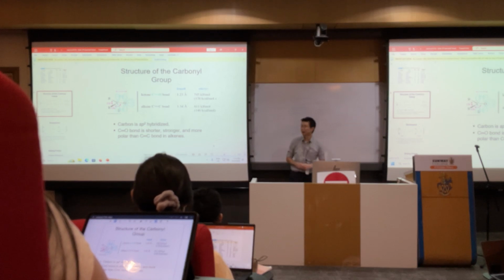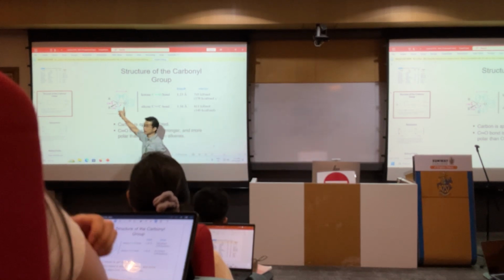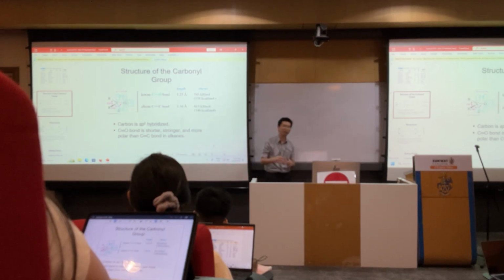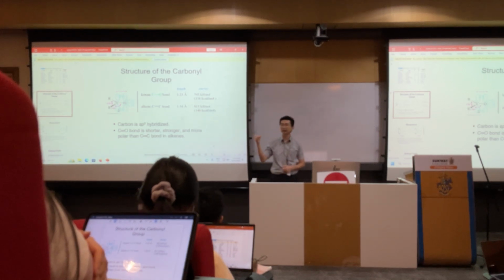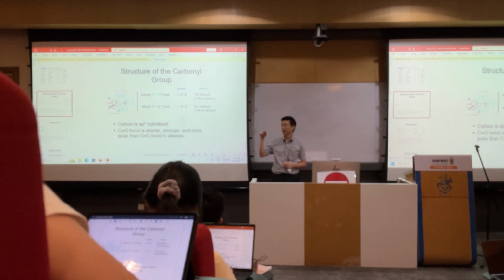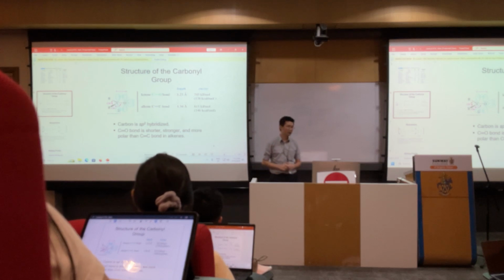Okay, and then the polarization is towards the oxygen because oxygen has a higher electronegativity as compared to carbon. So the electrons will be pulled towards the oxygen, making it partial positive on the carbon, partial negative on the oxygen.